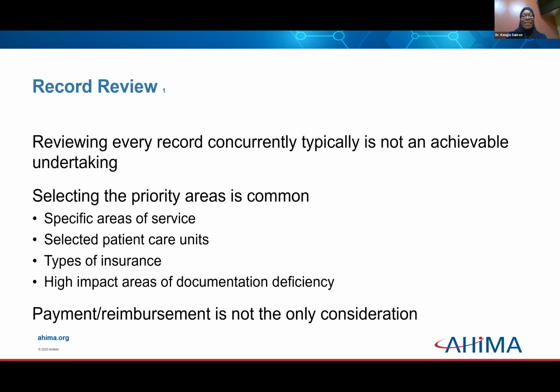Okay, so record review. In many cases, reviewing every record concurrently is not a feasible undertaking for a CDI team. Selecting the priority areas of service, patient care units, types of insurance, or other criteria that are high impact is often needed to direct the process.